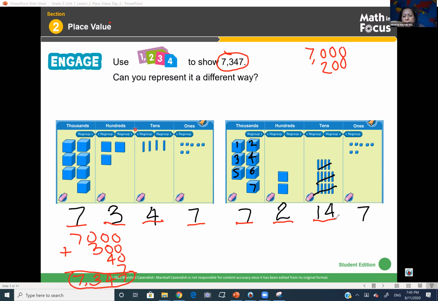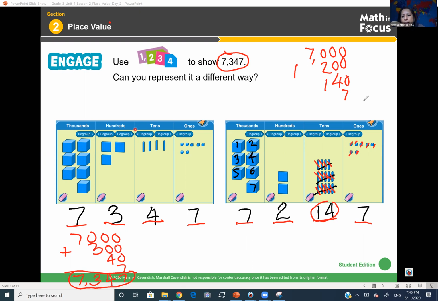So let me count by tens. 10, 20, 30, 40, 50, 60, 70, 80, 90, 100, 110, 120, 130, and 140. So 14 tens makes 140. And finally, I'm going to do the 7 ones. So when I count them, 1, 2, 3, 4, 5, 6, 7, I'm going to have 7 ones.